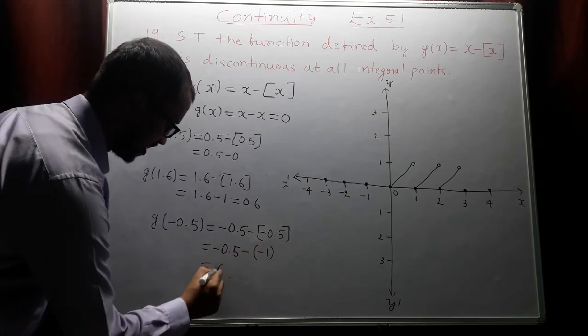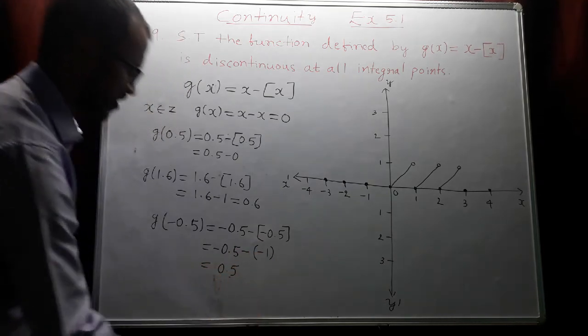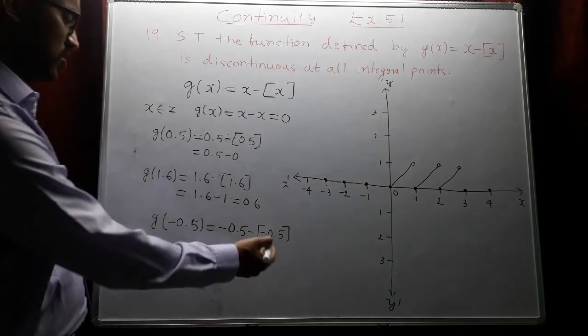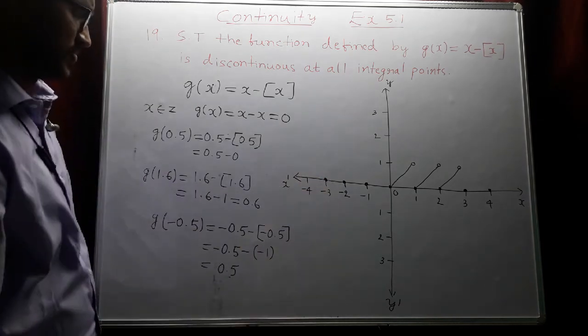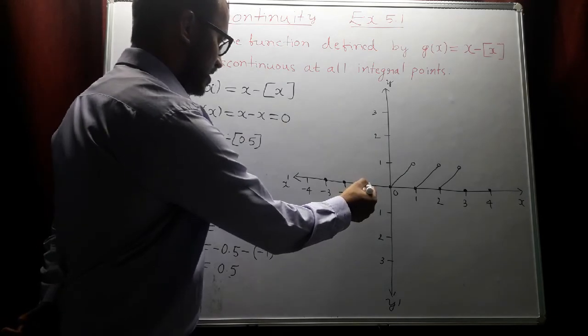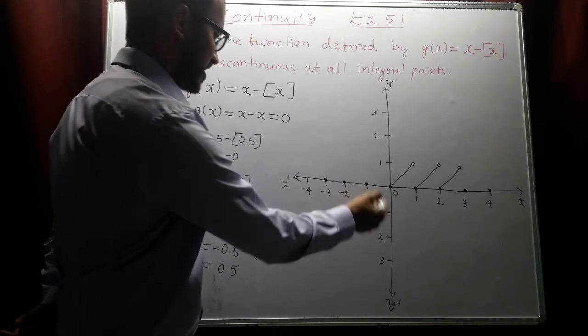If you simplify, we will get 0.5. Here also at the point minus 1 we are getting 0.